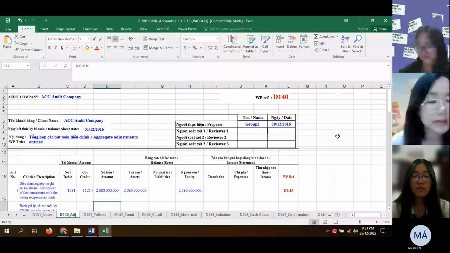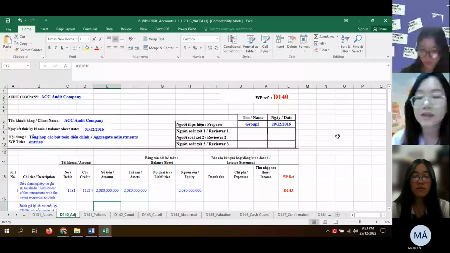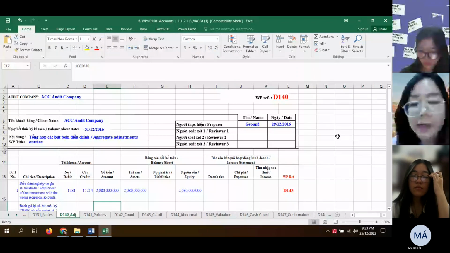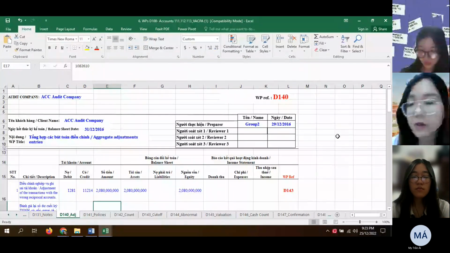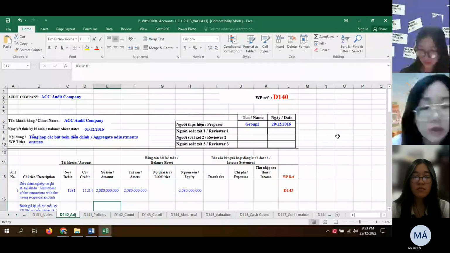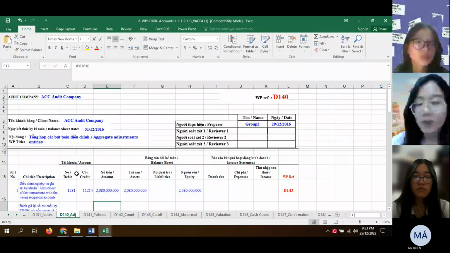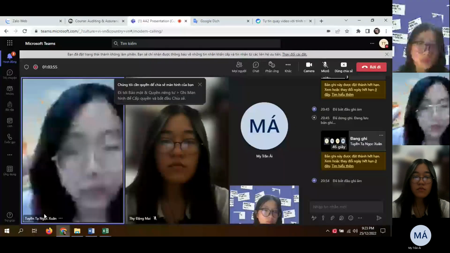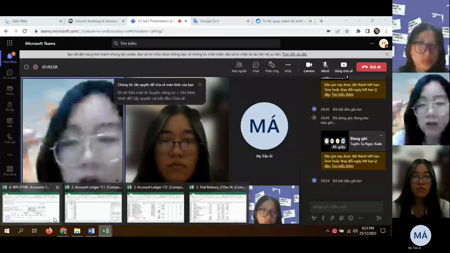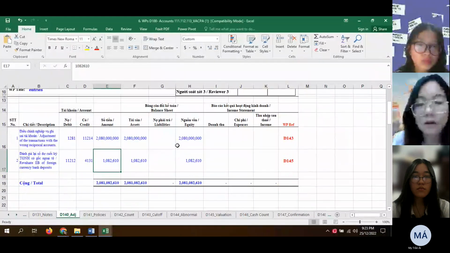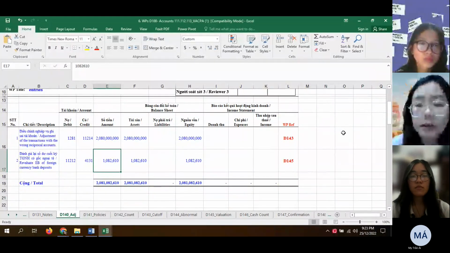And since time is short, I will try to be as brief but complete as possible. So, about D140, you can see that we agree with the adjustment entry. There are two. Please scroll down. You need to open another tab.